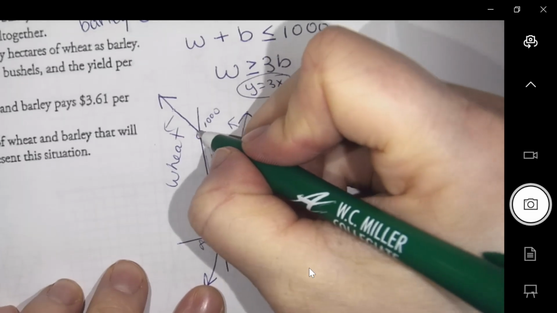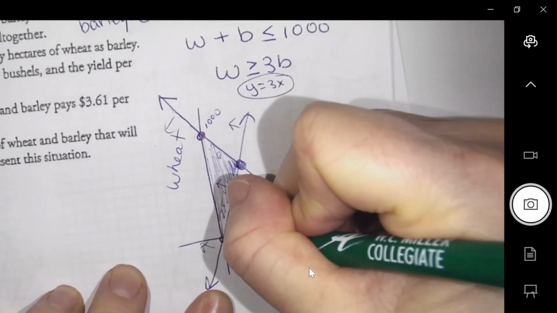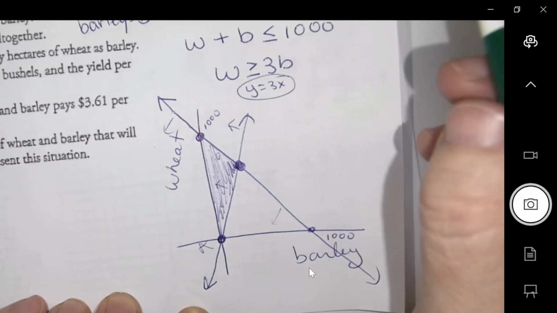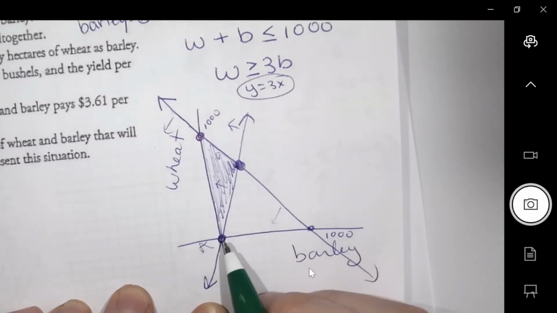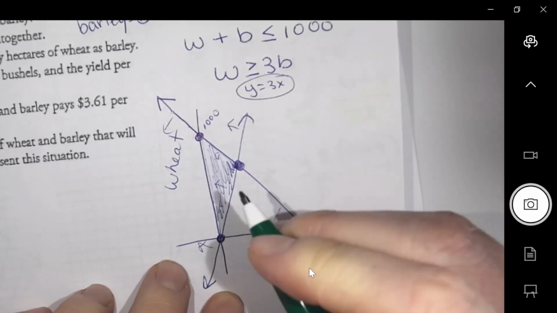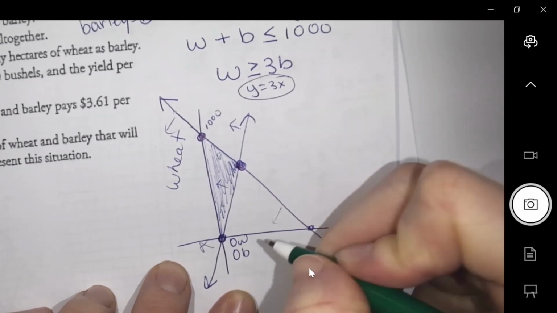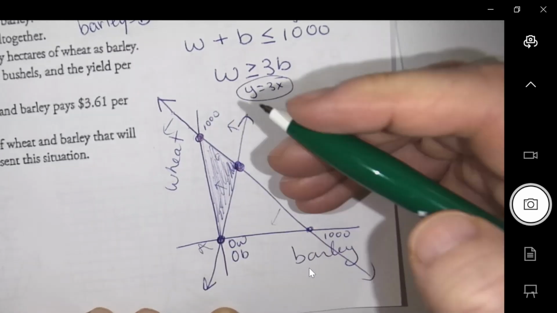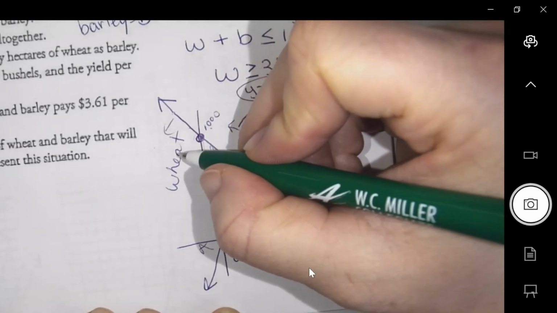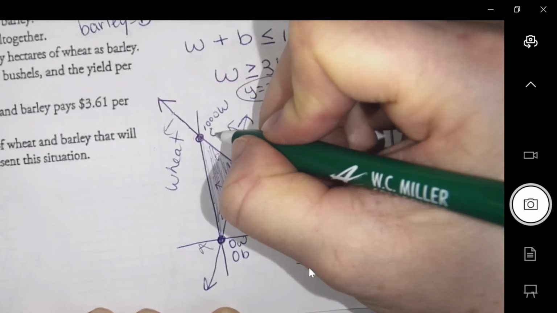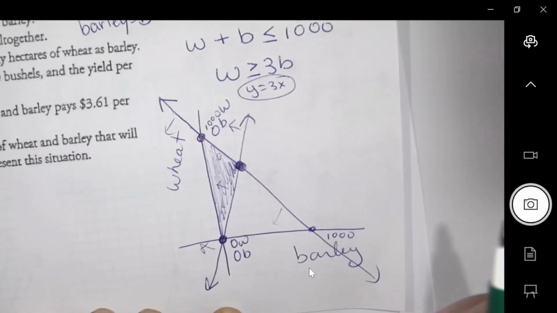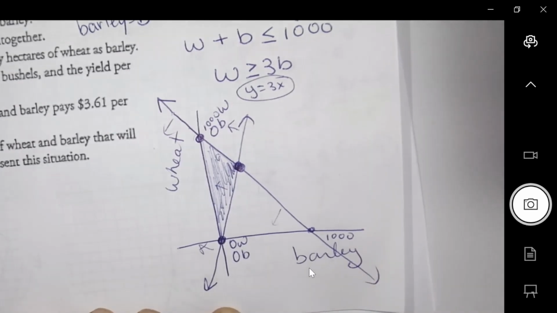So I'm going to get my intersection points. So this one is easy. That should just be 0, 0. So 0 wheat, 0 barley. And this coordinate is 1,000, and that would be the wheat, 0 barley. And this one, you can just get on your calculator, right?